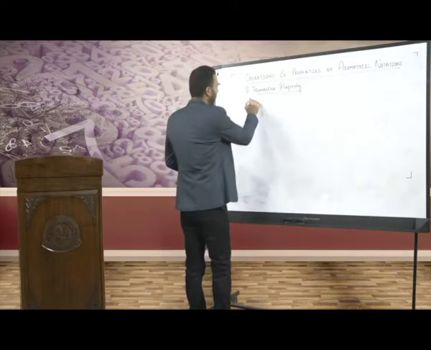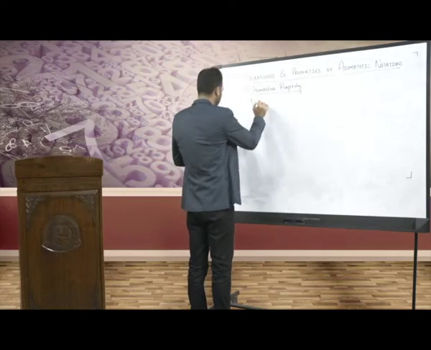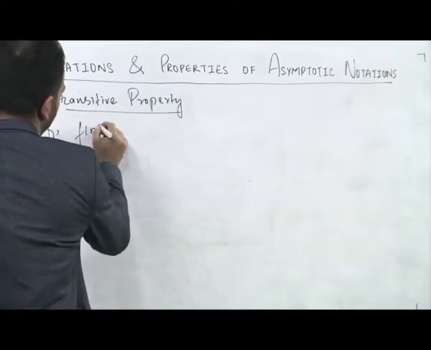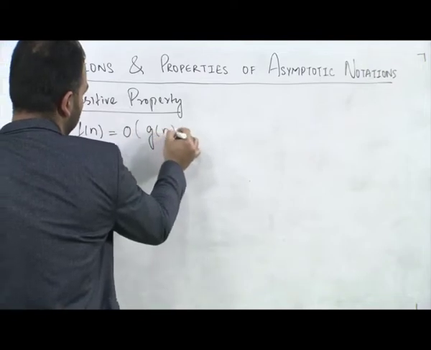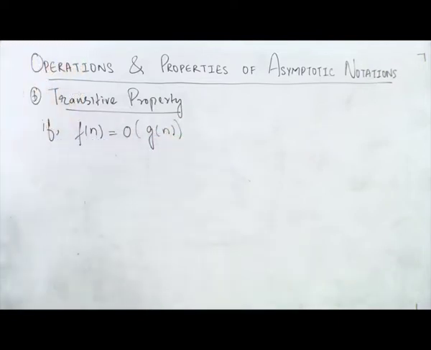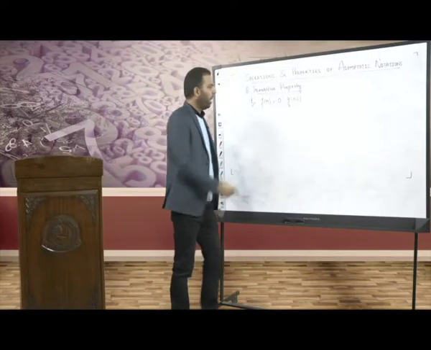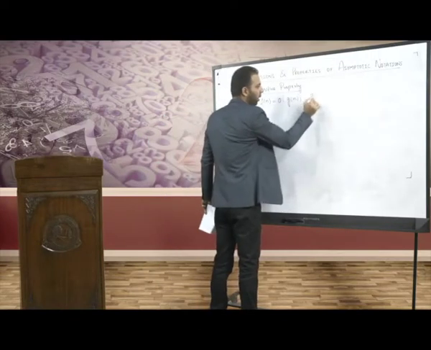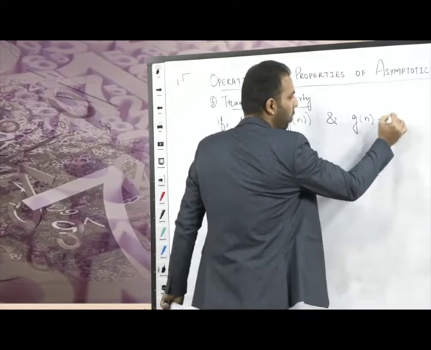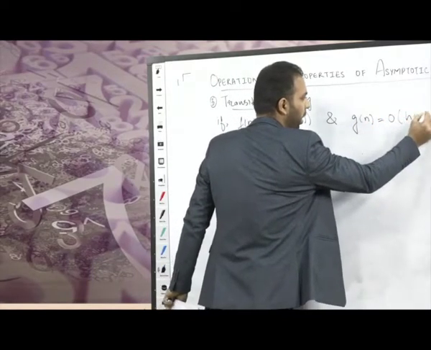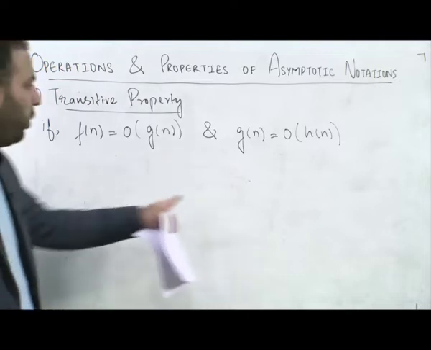So if we have f of n which is order of g of n, and we have g of n which is order of h of n.